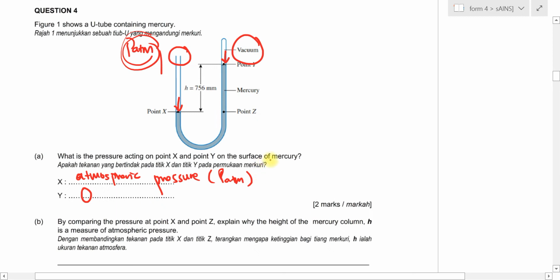I'm not so sure whether they are asking for the value or what. In case, for atmospheric pressure you just write 756 millimeter Hg. This is 0 Pascal or millimeter Hg. Or just mentioning 0 is enough already. You can write it like this also, but I don't think you need this. Just slash the millimeter mercury.